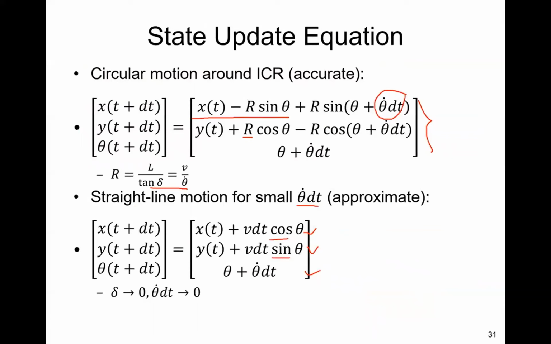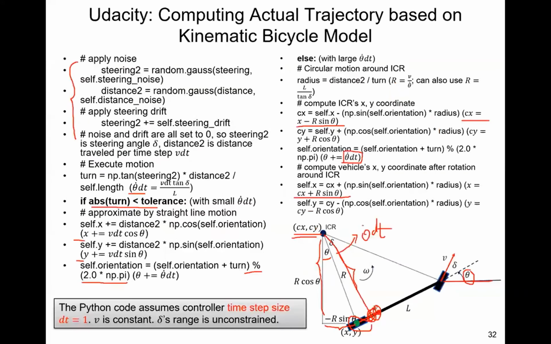Even if you have the extra 2 pi in there, it wouldn't change the result. In the Python code, they have this modular 2 pi, but if you remove it, I think it's fine. It's just so that if you turn several rounds, you don't end up with 100 pi or some strange angle. But even if you have 3 pi, that's fine because at the end you're taking cosine and sine functions. So it shouldn't matter.